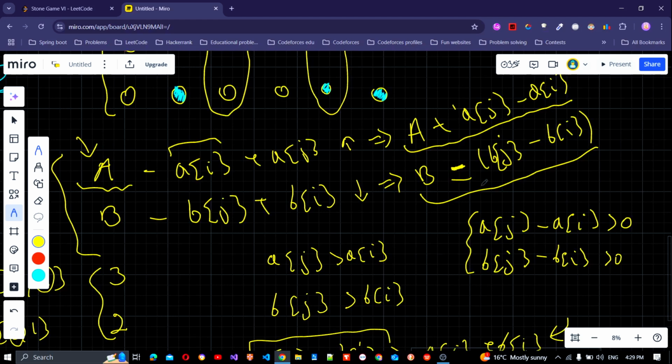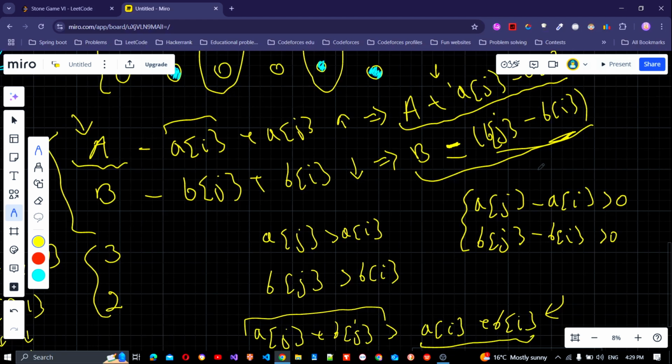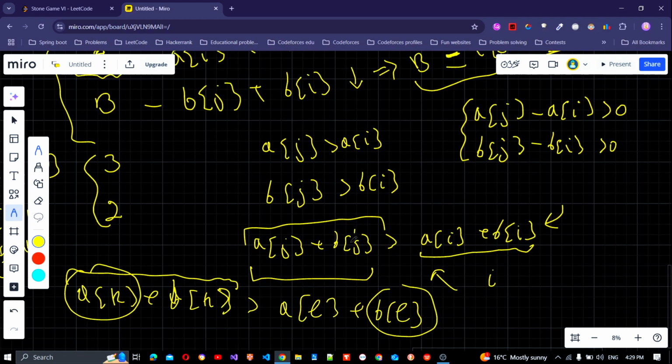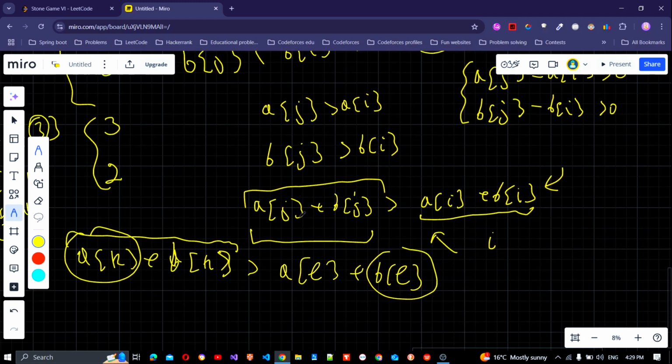Bob's score decreases by this swap for the player who is doing this strategy, so it's Alice. Alice increases her score, and Bob's score will decrease, if the term in parentheses is positive. We rearrange a few terms and end up with this: AJ plus BJ is greater than AI plus BI.